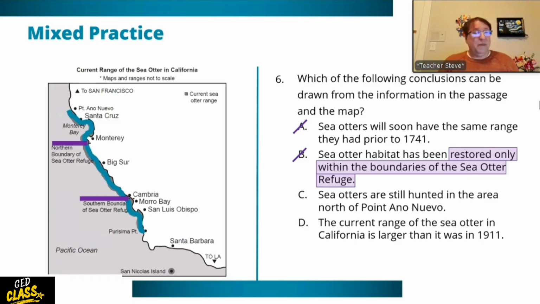Do we know, and we'll stay on the figure for right now, are sea otters still hunted north of Point Ano Nuevo? And apologize to anybody who speaks Spanish if I did not pronounce it correctly. I took French. No, and what does the figure actually tell us north of Point Ano Nuevo?